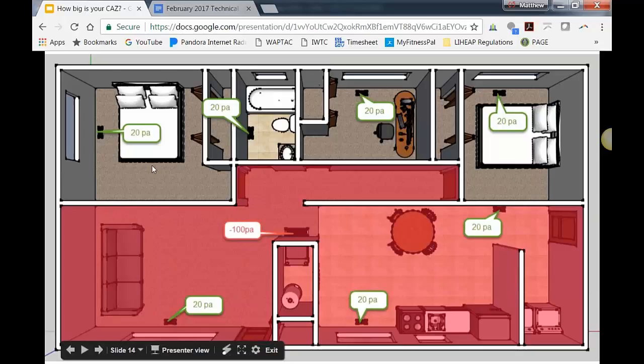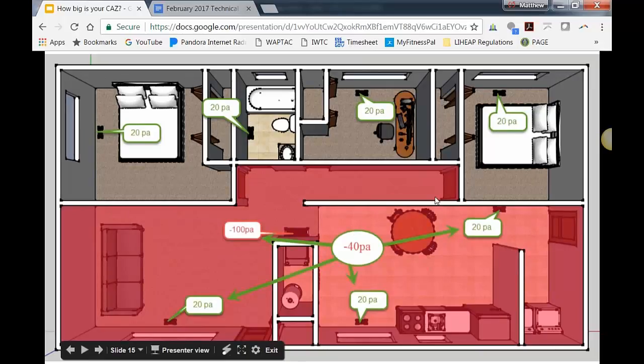And so our CAZ, if the doors were open and the zone from which we were actually drawing all of our combustion air, we were at a positive 40 because we had 140 positive and 100 negative, so we were at a positive 40. By closing those doors, we just took out all of that pressure, and now we are at a negative 40, right?